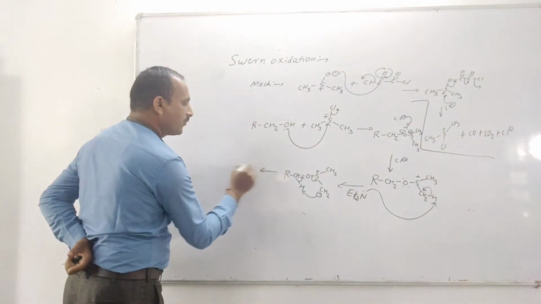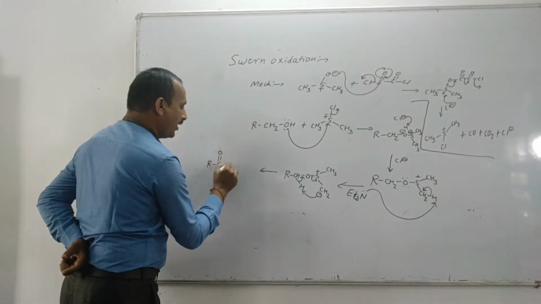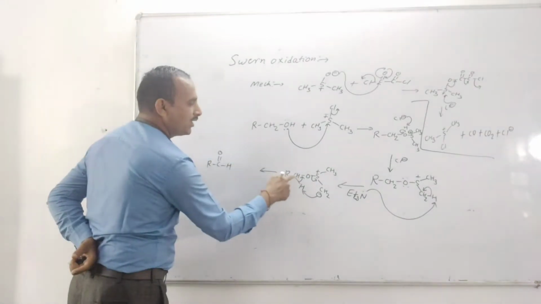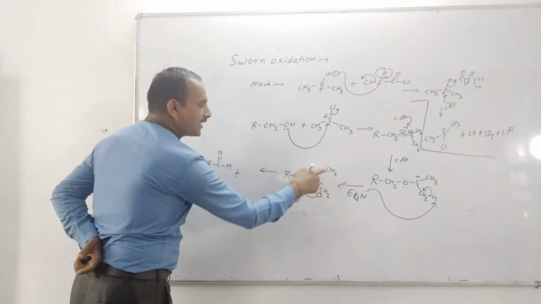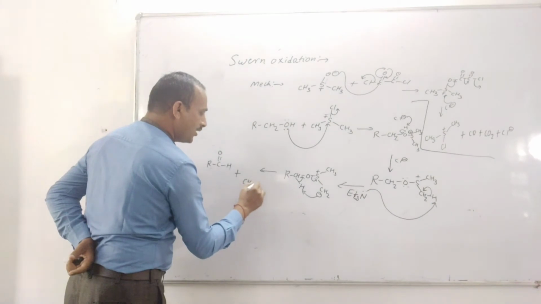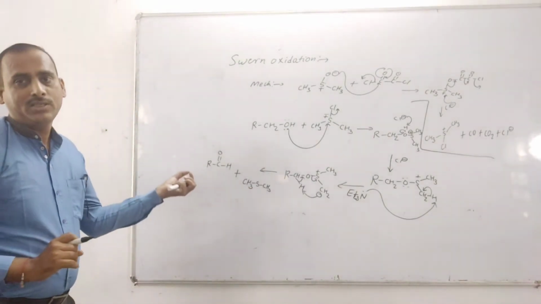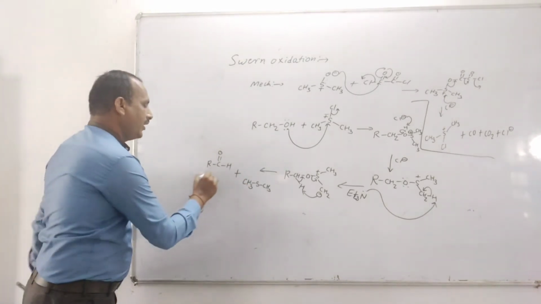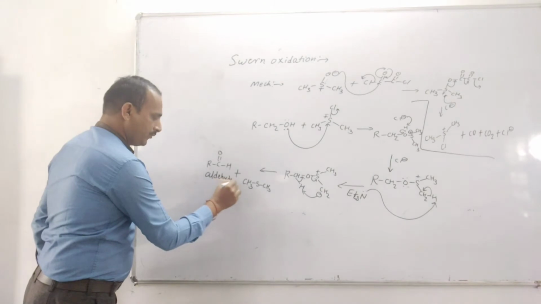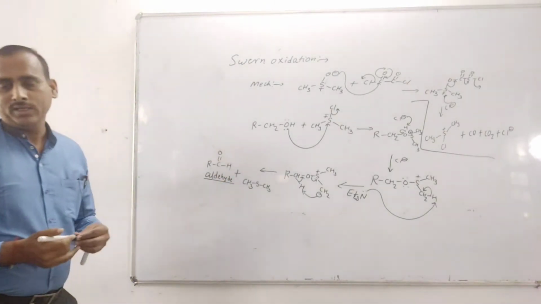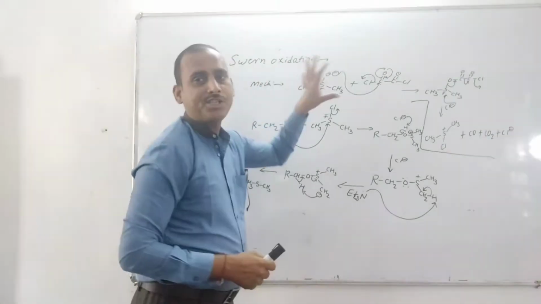So it forms R C double bond O, with the hydrogen present on carbon, plus CH3 S CH3, dimethyl sulfide, and it is the aldehyde. Okay, this is the mechanism for the Swern oxidation reaction.